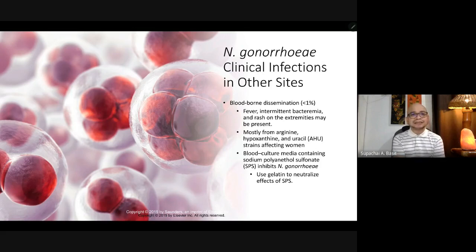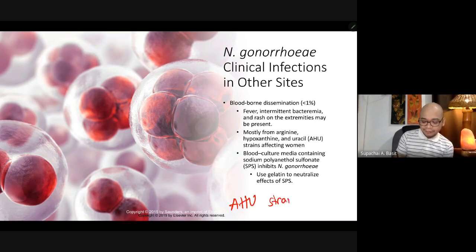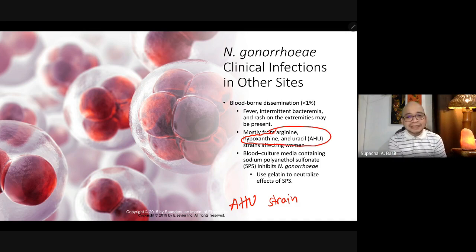So it is characterized by the presence of fever, intermittent bacteremia, and even rashes on the extremities. In women, the strains that mostly affect them are the AHU strain. So this refers to the arginine, hypoxanthine, and uracil strain. So the AHU strains are the strains that mostly affect women.